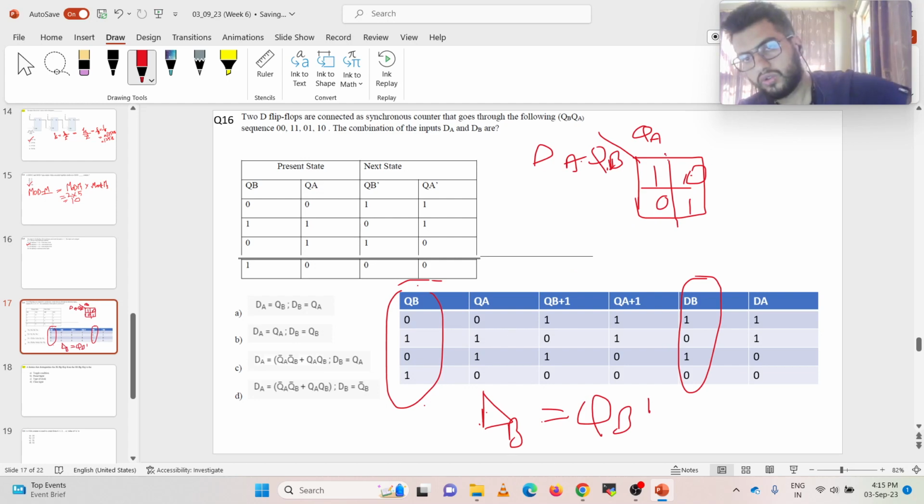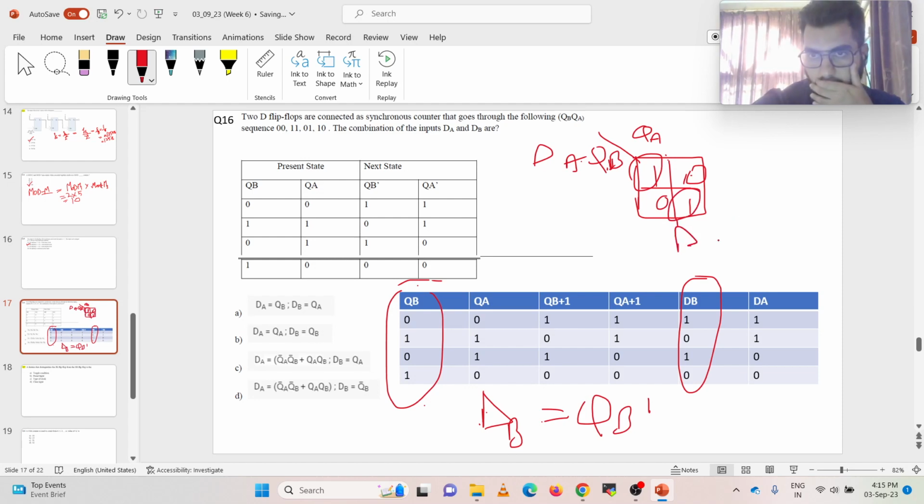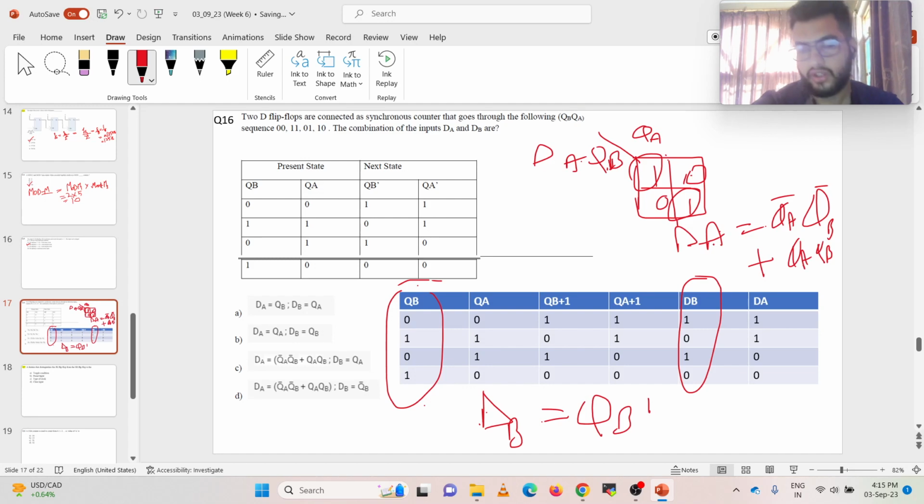Yes, so these two terms. So DA will be equal to QA bar QB bar plus QA QB. That is the XNOR operation. So my DA is equal to QA bar QB bar plus QA QB, and DB is equal to QB bar. That is option D. So option D is the right answer.